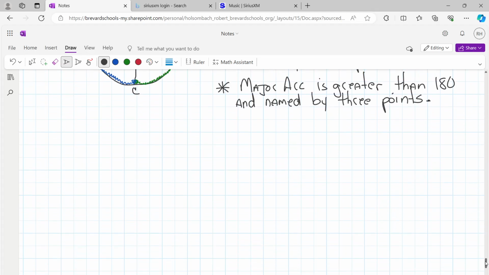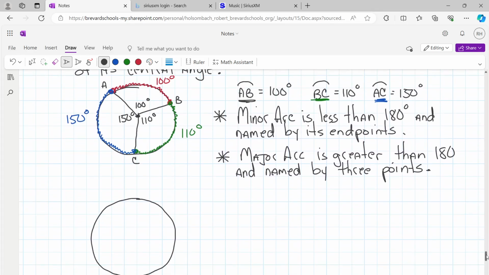Here's what I mean. If we draw another circle here, let's use basically the same point A, point B, and point C down here.